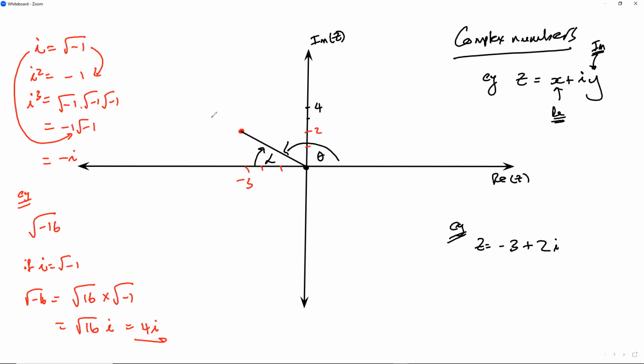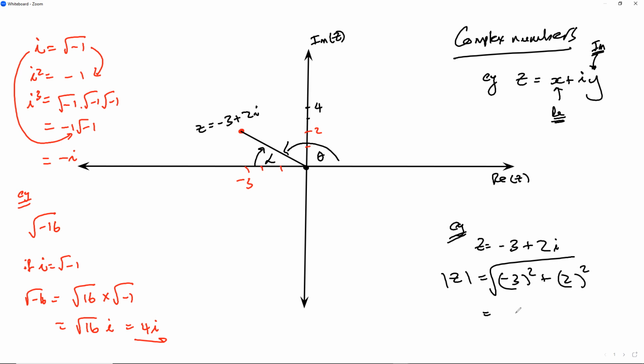In this particular coordinate over here, we got -3, and it's actually 2i up. We could write it like that, or we could write the vector out completely as z equal to -3 plus 2i. And so if I have to find the modulus of z for this, it's going to be -3 all squared plus 2 all squared, square rooted.